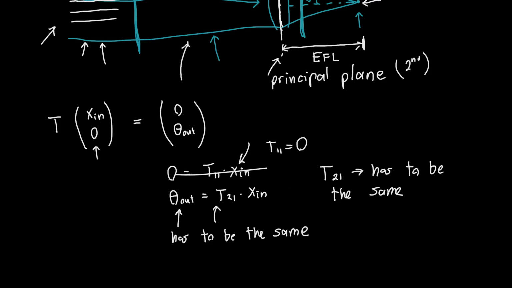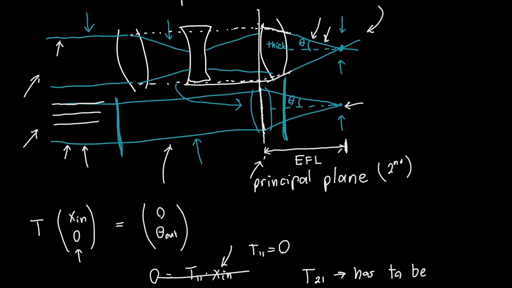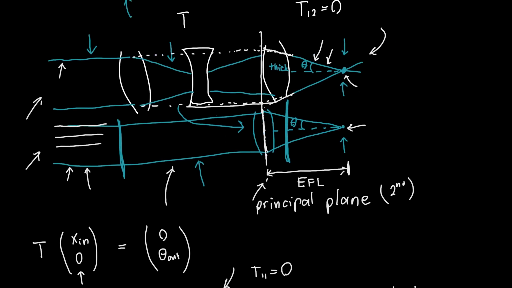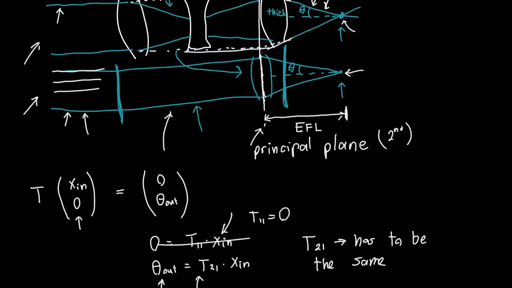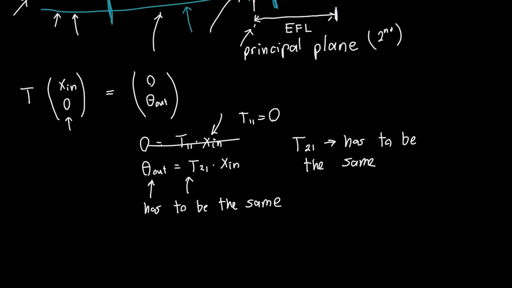And so what is t21? Let's assume that we know t21 of our initial system because we probably calculated the focal point, we probably calculated the overall transfer matrix. So let's assume that that's known. What's t21 of this system, so this thin lens?